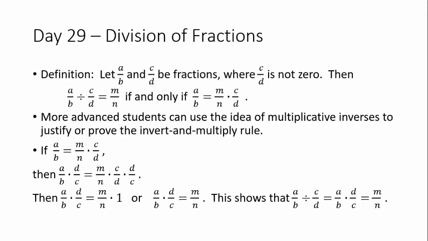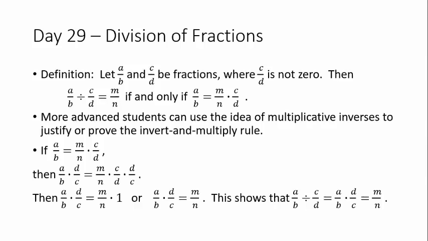More advanced students can use this idea to actually prove the concept of the invert and multiply rule. Let's take a look at this and see how this works. We're going to take the multiplication statement from the definition of division and then work with it. So we have, if a over b equals m over n times c over d, then what we're going to do is multiply both sides of this equation by the fraction d over c.